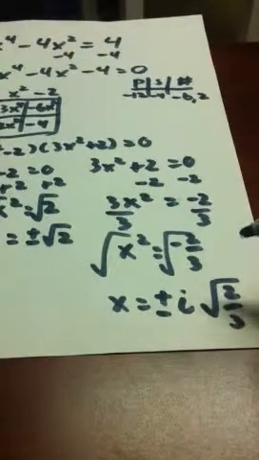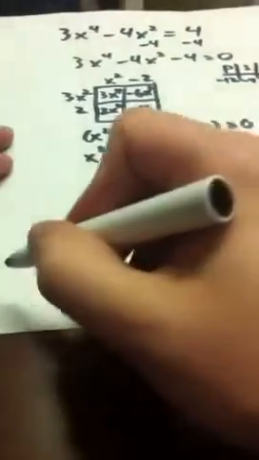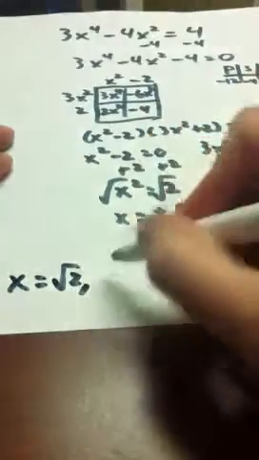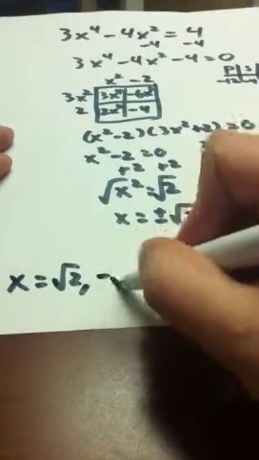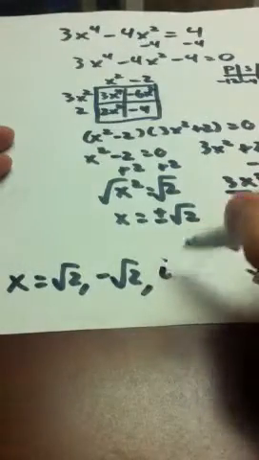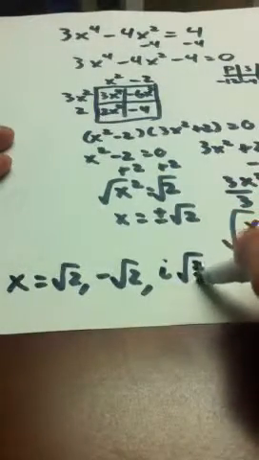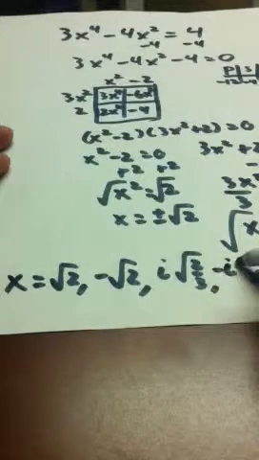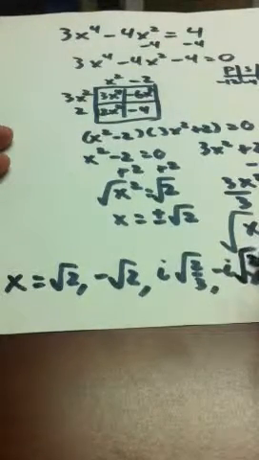So I'm going to get my final four answers. Again, it was the fourth degree, so I get the positive square root of 2, the negative root 2, and then my i times the square root of 2 thirds, and finally my opposite of i, or negative i, times the square root of 2/3.